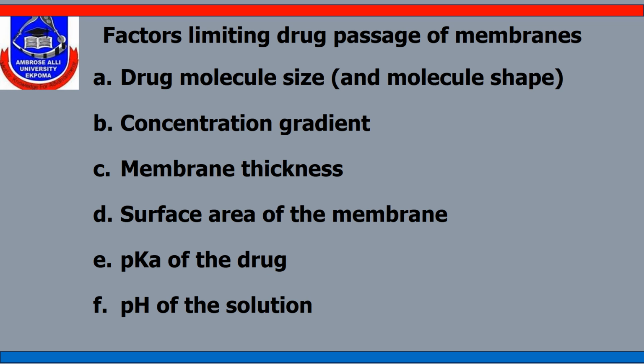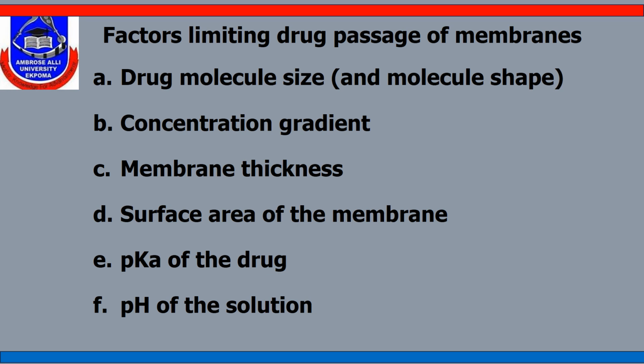1. Drug molecular size. 2. Concentration gradient. 3. The membrane thickness. 4. Surface area of the membrane. 5. The pKa of the drug. And 6. The pH of the solution.